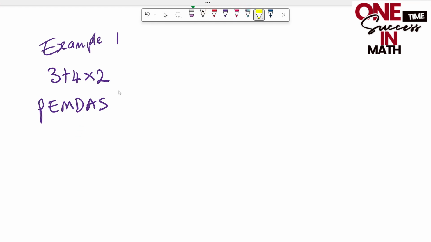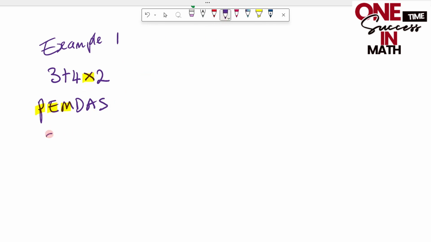Since P stands for parenthesis, do we have any parentheses in this question? No. So we skip that. Second one, exponent E. Does this question contain any exponential value or number? The answer is no. The third one is multiplication. Do we have any multiplication symbol here? Yes, here it is. So we do that first.